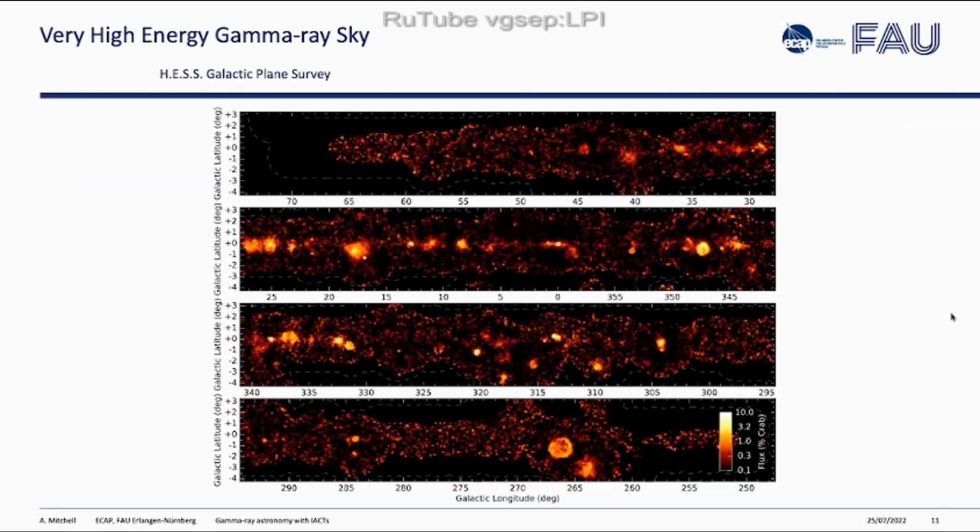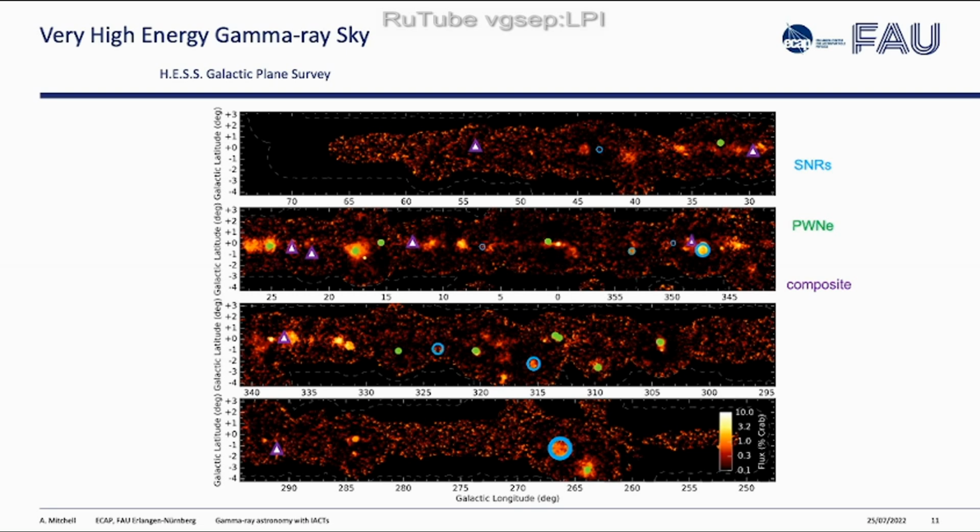So looking at the galactic plane, just with HESS at the moment, you see that the coverage here is quite non-uniform. There is quite some variation in terms of coverage in galactic latitude and in terms of depth and exposure. I just wanted to highlight some locations of currently known supernova remnants and pulsar wind nebulae, and then composite systems which seem to contain both a supernova remnant and a pulsar wind nebula, but we're not sure which is responsible for the emission.